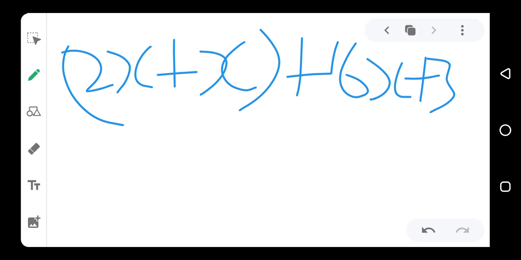We bracket this, and so we now factor the first bracket. What is the common factor between 2x squared and x?